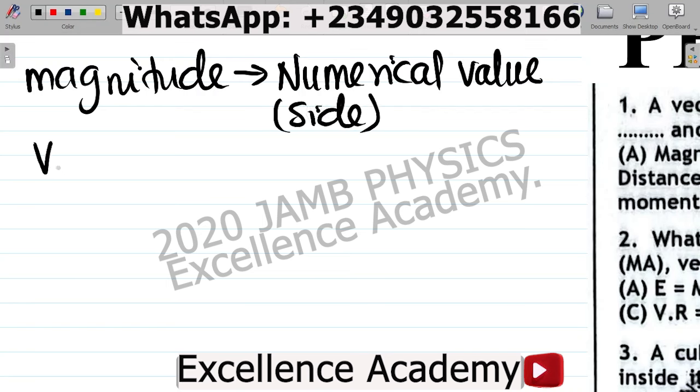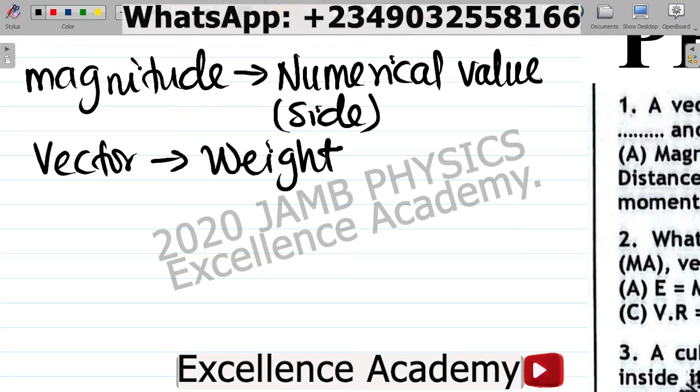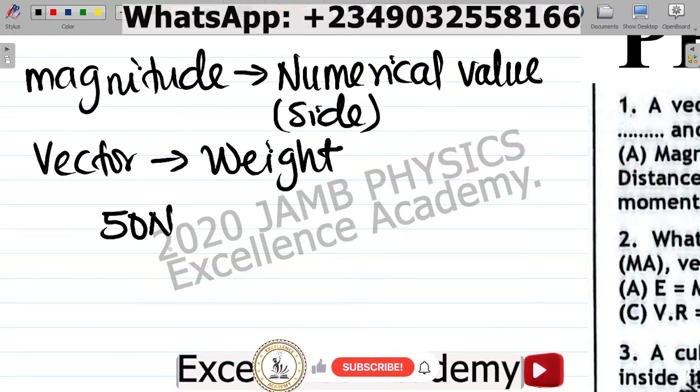An example of a vector is weight, right? Weight is a vector. So if I say a man weighs 50 Newton, for instance, the magnitude of the man's weight is 50 because that's the size or numerical value. Now, what's the direction?